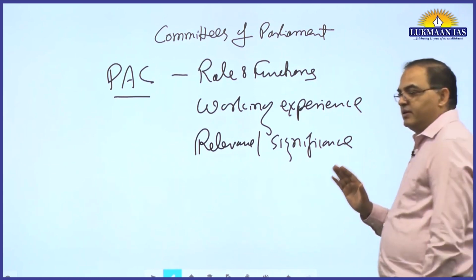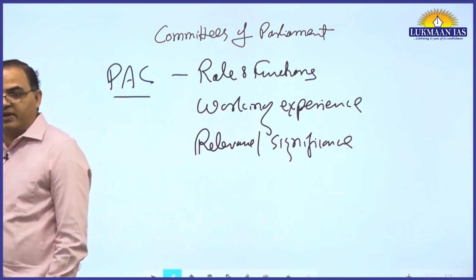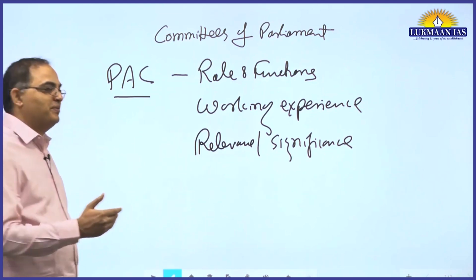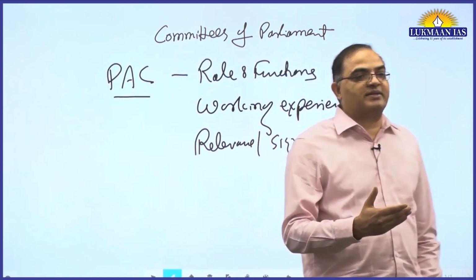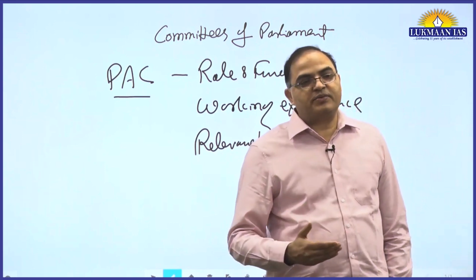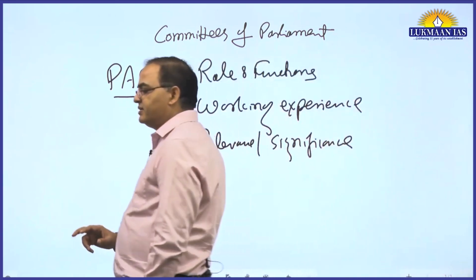A traditional weakness. Nowadays you have artificial intelligence, isn't it? The file is in the cloud also. So nowadays you cannot say that the file is missing, but there was a time when that was often the reply. They will not give information and they have a tendency to defend all the decisions of the government. The bureaucrats will defend the government's decisions. These are some weaknesses when we talk about the committees, but still it has relevance.